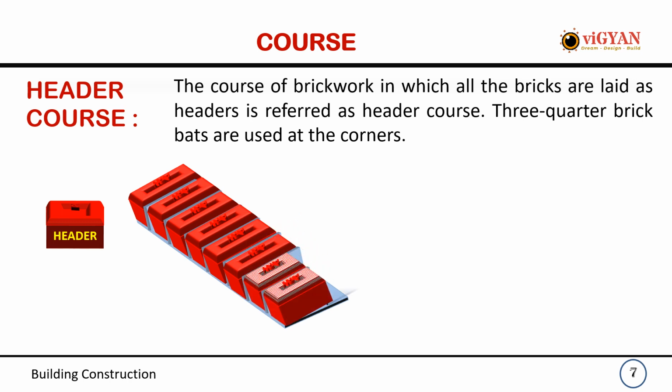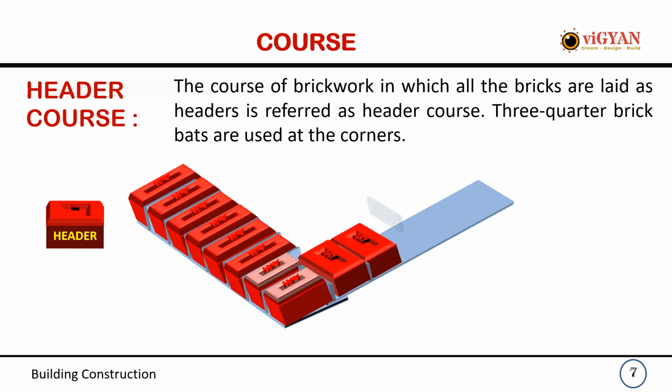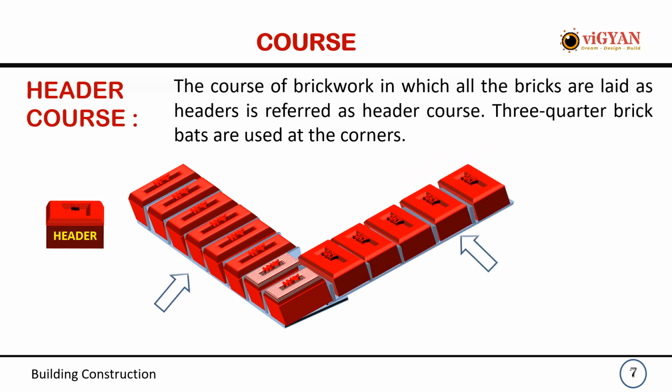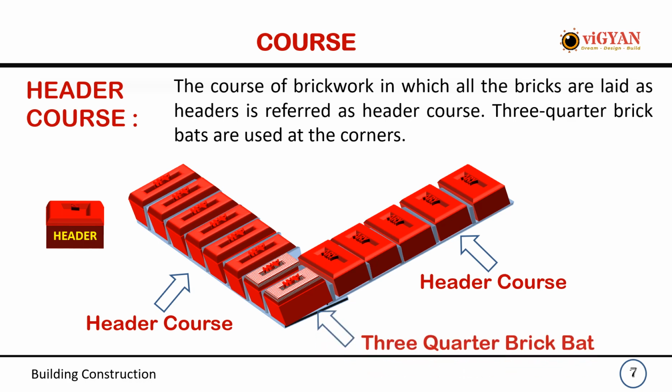To break the continuity in joint, three-quarter brick bats are placed at the corner. So from these directions, we can see that only headers are visible. So it is termed as header course. At the corner, three-quarter brick bat is used.